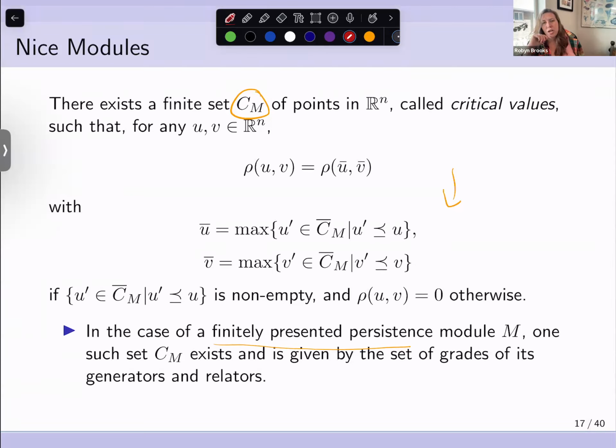I would say more generally, I understand and do work with tame modules. For a biparameter persistence module or an n-parameter persistence module to be tame and obtained from a filtration, that will put restrictions on what your filtration can look like.